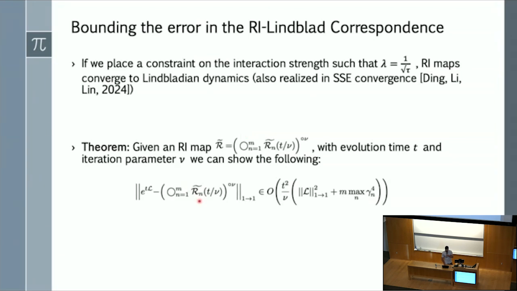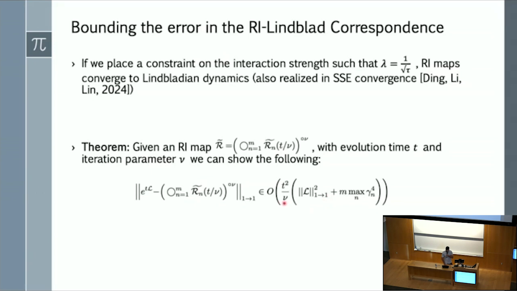This is just an induced norm over density matrices. That's what this weird one-to-one look means. We're bounding the exact evolution from the Lindblad dynamics by taking the difference with our map. And we see that we get some t-squared scaling.